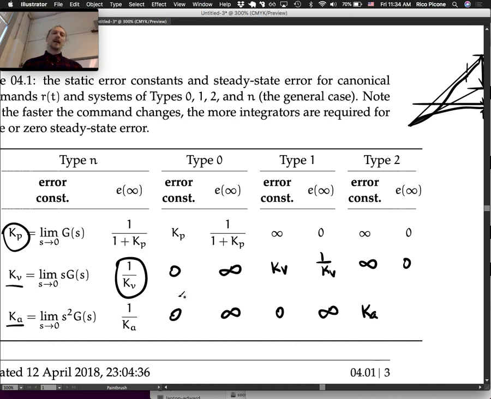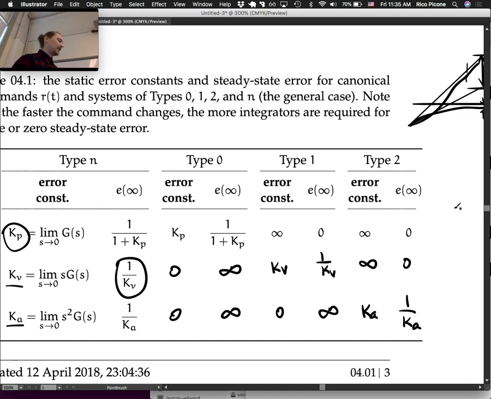So position, velocity, acceleration, because there's some vague analogy with integrating each one. So Ka, and then your error constant is 1 over Ka, right? You'd have to go to a type 3 system if you wanted to get steady state error to 0 for a parabolic command.